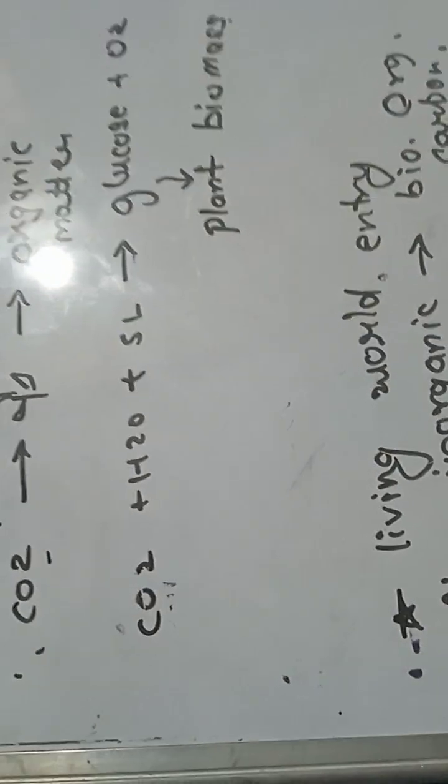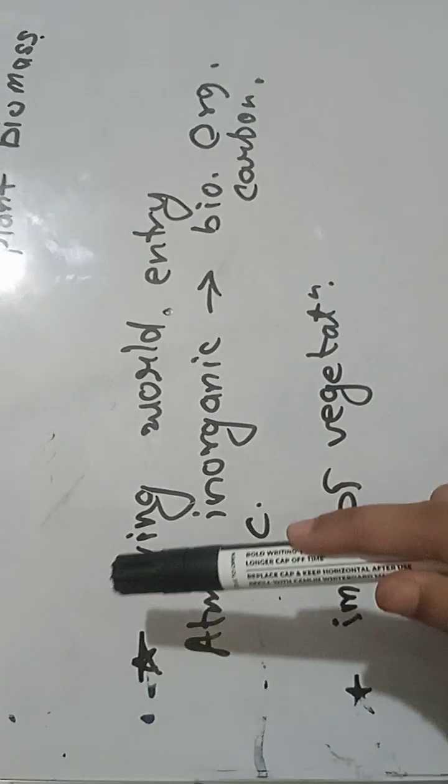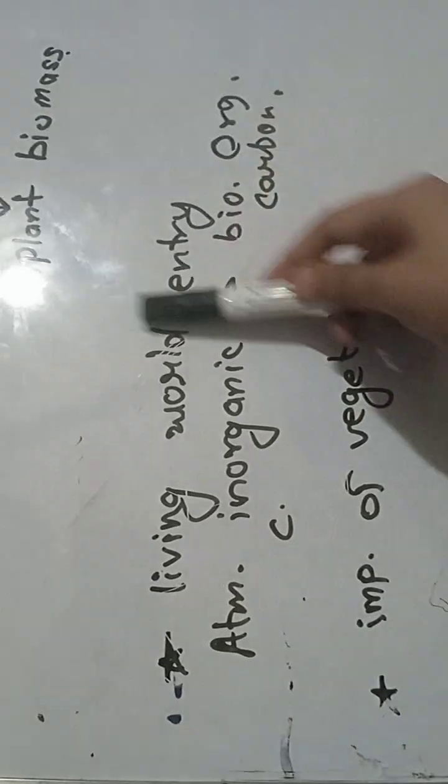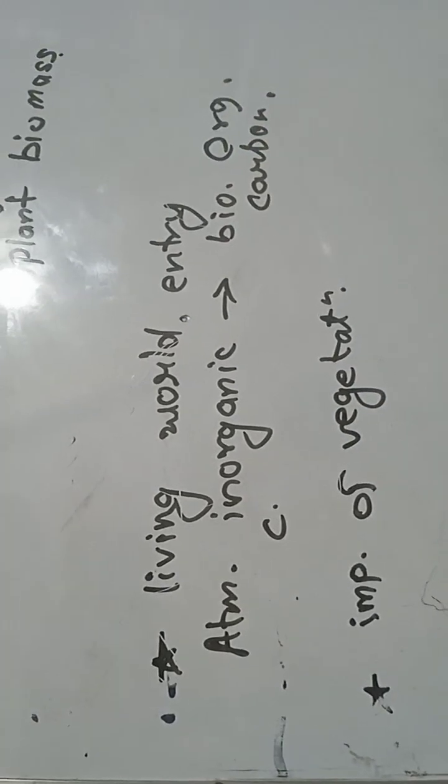So you can take a few insights: carbon is now entering from the atmosphere into the living world, and atmospheric inorganic carbon is now being transformed into biological organic carbon.